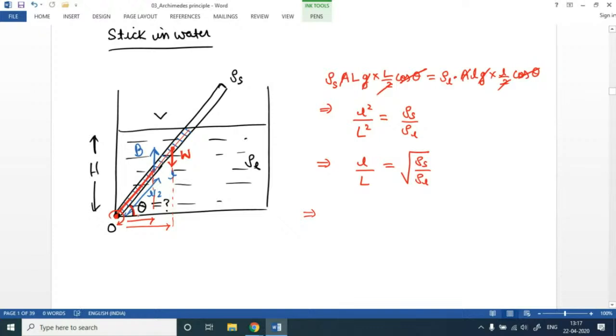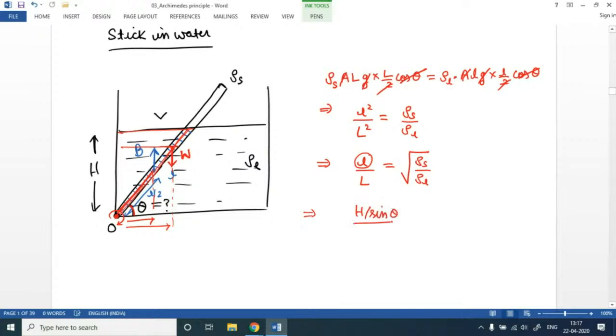This theta we just needed to find out. So theta here we must understand, see, looking in this right angle triangle over here, this hypotenuse is small l, and we wish to find out h. So this small l can be written as h by sine theta.